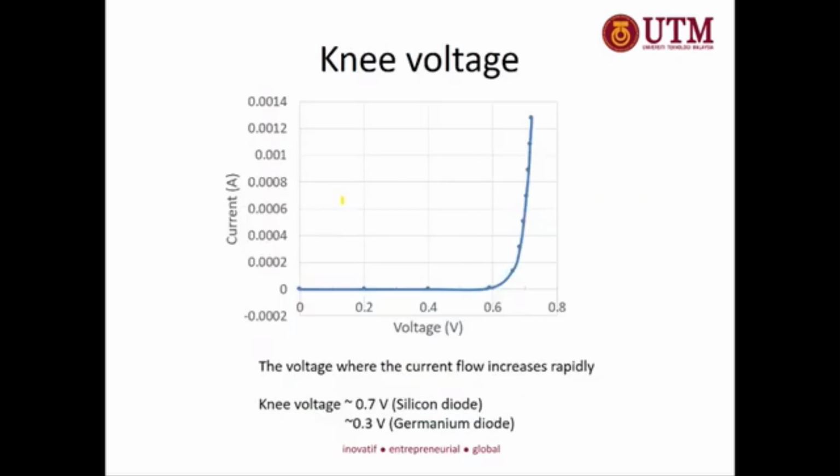Okay, this is the mathematical expression of the diode current. Next we will discuss some important properties of the diode. First is the knee voltage. What is the knee voltage?